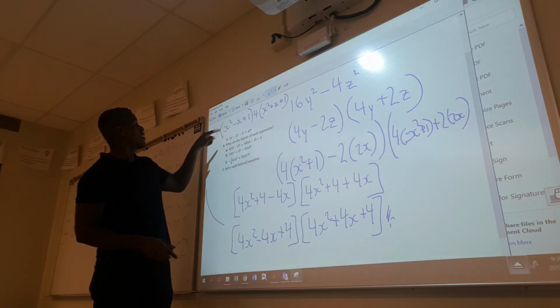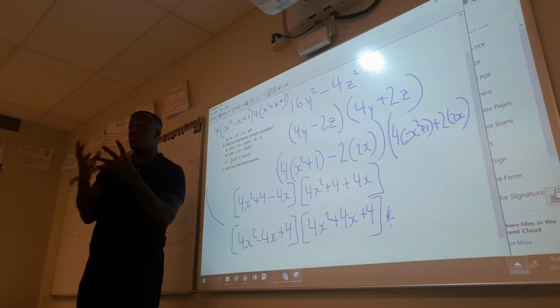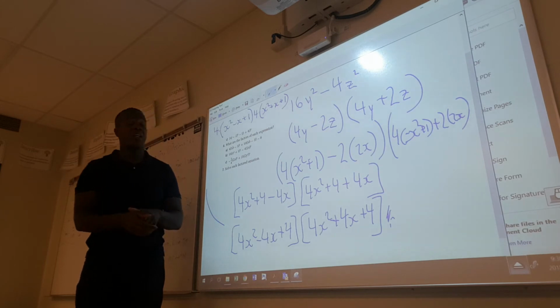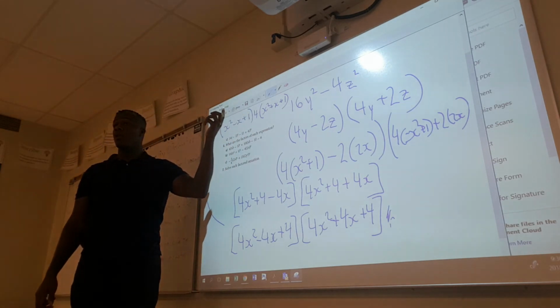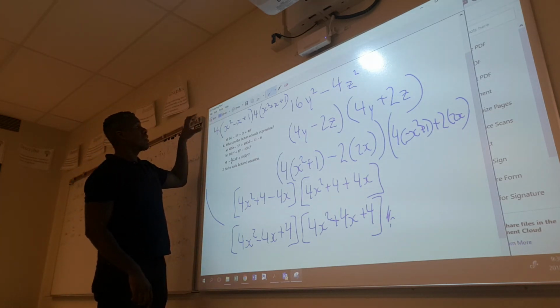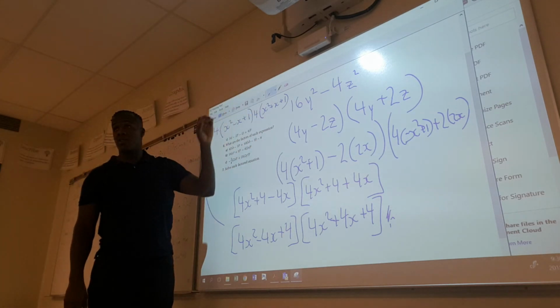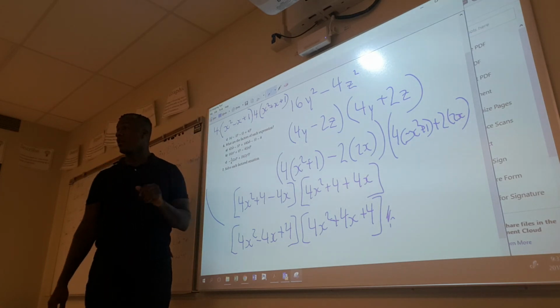So if we just do it in steps, I can multiply these two together first, and 4 times 4 is 16. And then it'll be 16 times this quantity times this quantity. So you wouldn't have a 16 in front of both brackets? No. We'd be doubling everything, right?